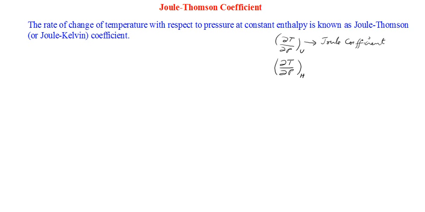So ∂T/∂P at constant internal energy is known as the Joule coefficient, a quantity that is related to the Joule expansion, whereas ∂T/∂P, the rate of change of temperature with pressure at constant enthalpy, is known as the Joule-Thomson coefficient, or also the Joule-Kelvin coefficient.